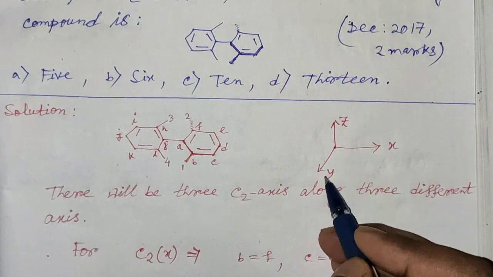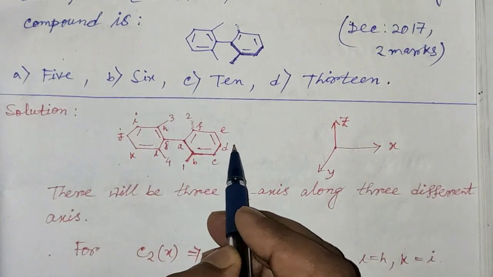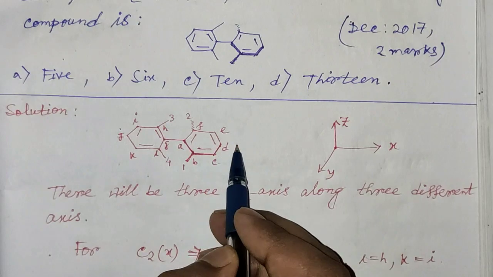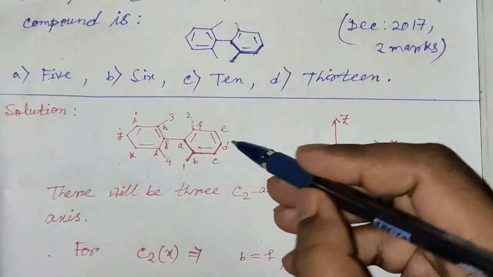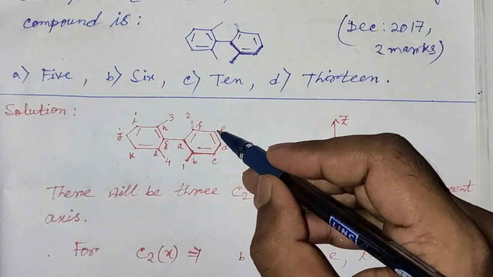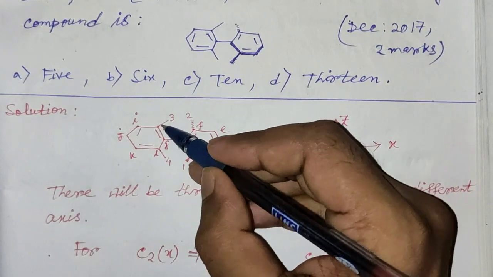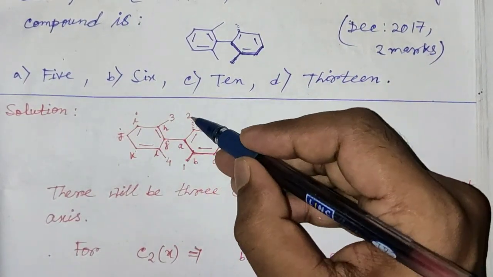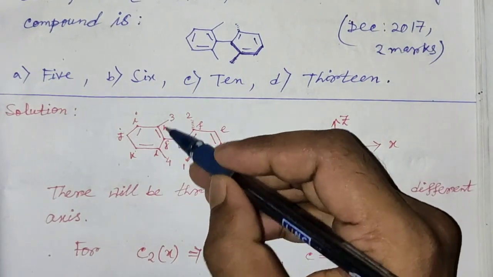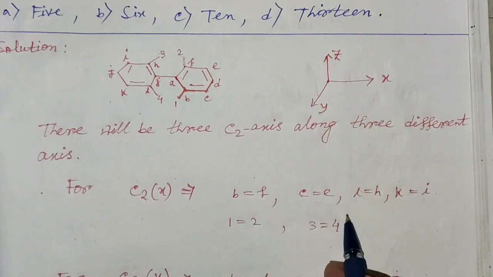This is the x-axis, this is y, this is the z-axis. If we consider a C2 axis passing through this carbon atom, for this rotation along the C2 axis, this carbon will be equivalent to this one, subsequently this will be equivalent to this one, and this is equivalent to this one, and these two methyls are equivalent and these two methyls are equivalent. This is written here.